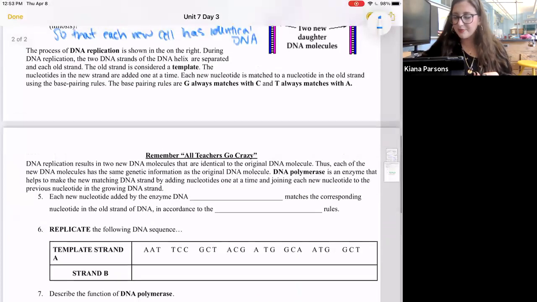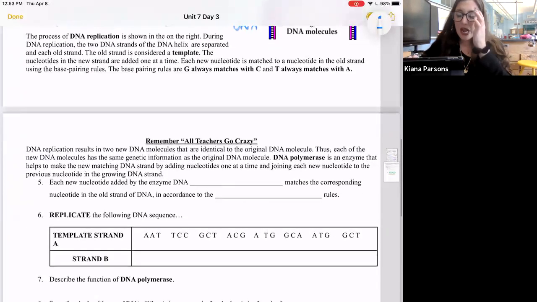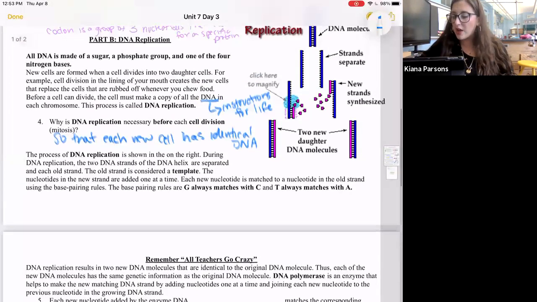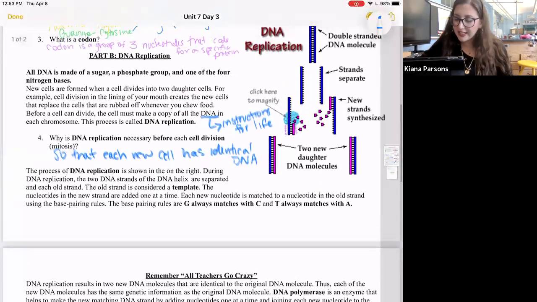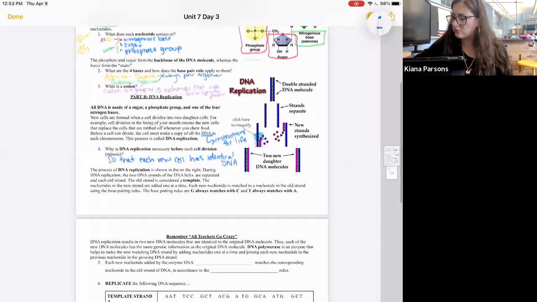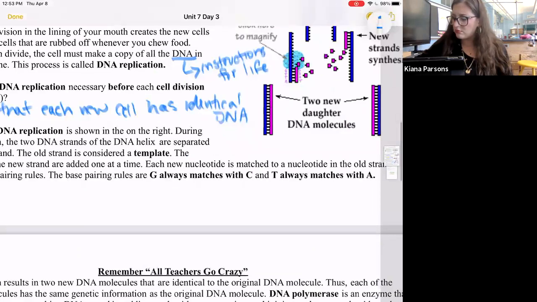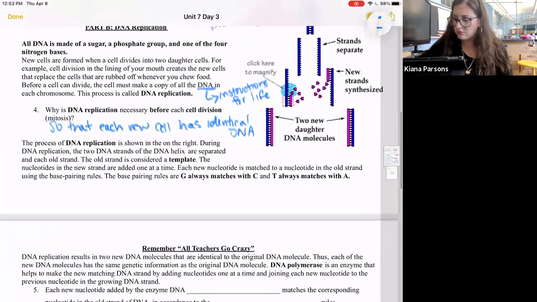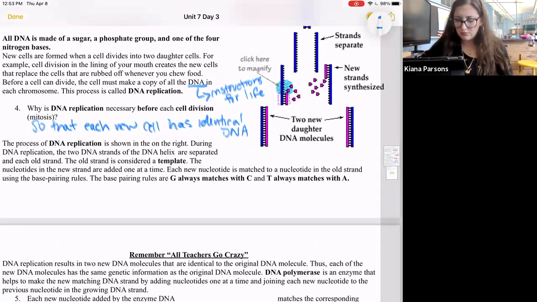Next, the process of DNA replication is shown on the right. During DNA replication, the 2 DNA strands of the DNA helix are separated, and each old strand is considered a template.